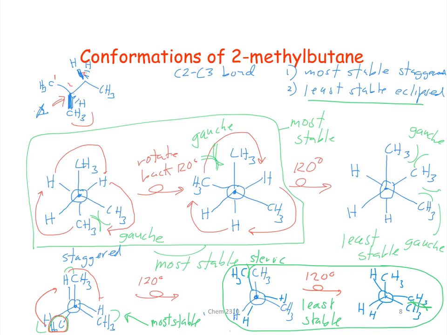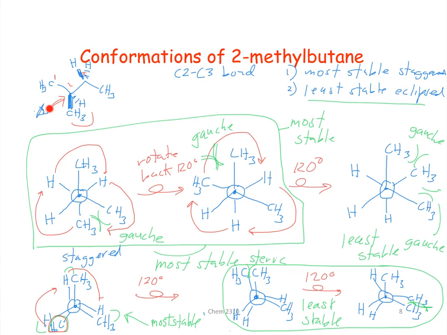All right? So, when you have this type of problem, it's important to take it one step at a time. The first thing we did, remember, was draw out our structure and all of the bonds attached to the two carbons involved in our Newman projection. So we were doing C2 to C3, so we wanted the bonds in the plane, the wedge, and the dash on each one of these.